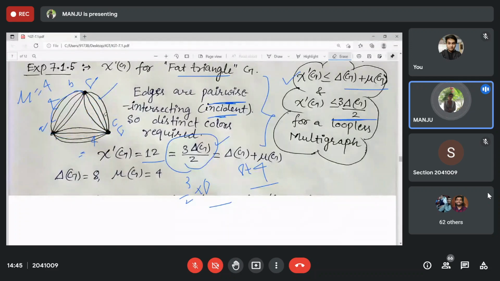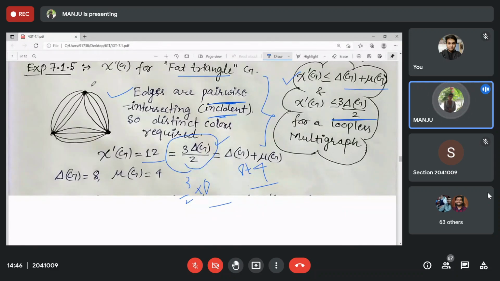It will surely come as 3/2 delta of G, or the other bound will be delta plus mu of G. It may be at most equal to, in this Fat triangle you are having this one, because this is a kind of equality.